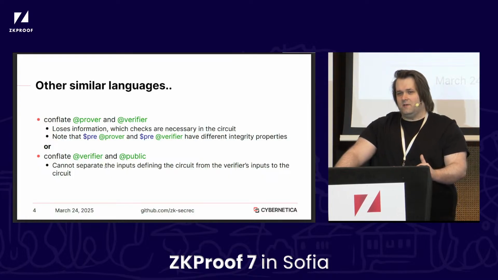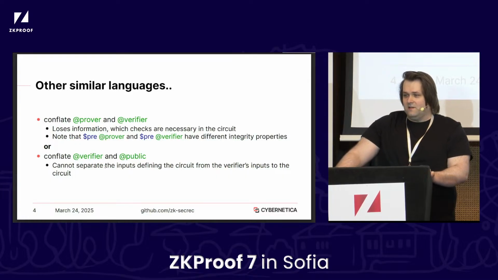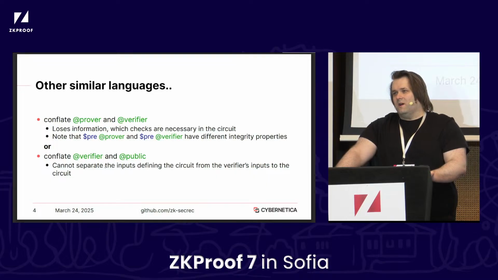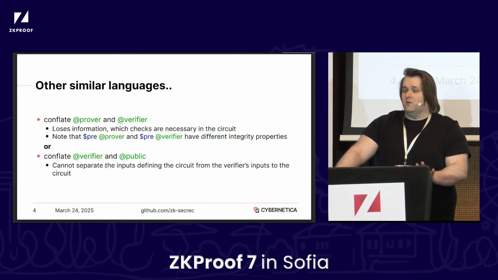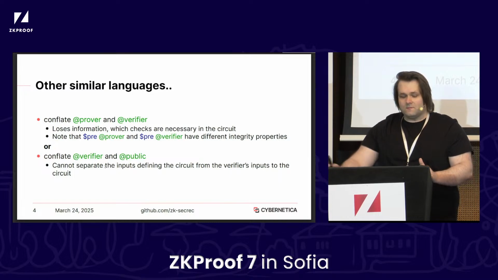This cannot be done if we do not differentiate between prover and verifier. Similarly, verifier and public can be conflated. With public, we know what is known during compile time, and then we can do certain optimizations, which we can't if we just assume that it's a verifier input.